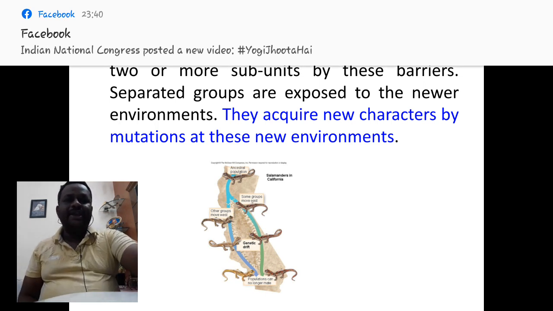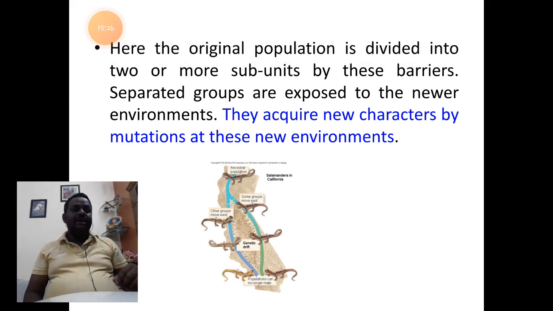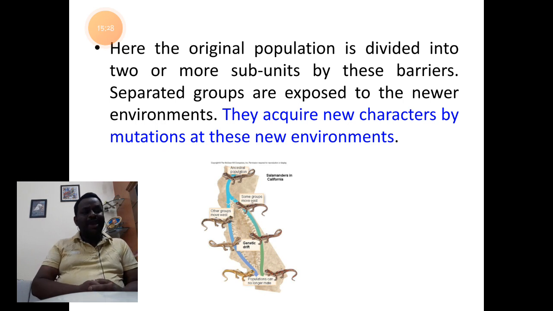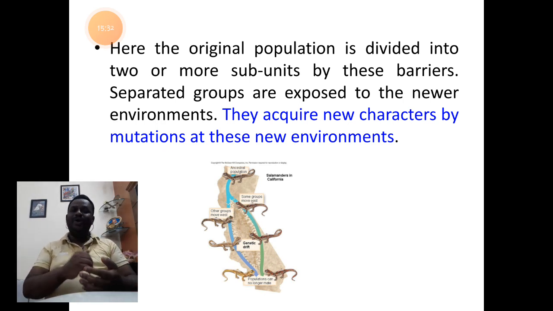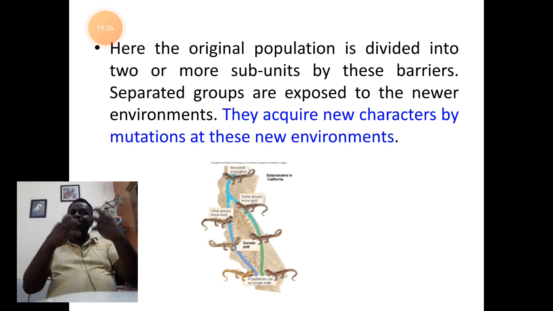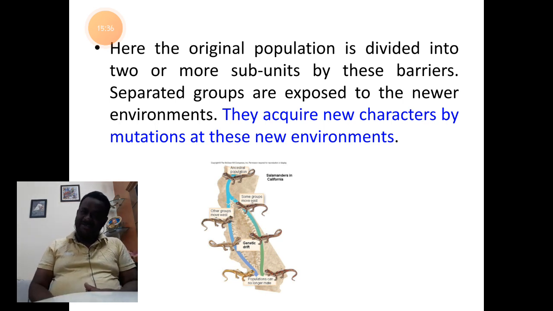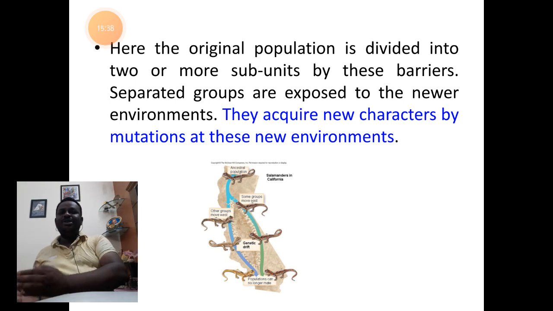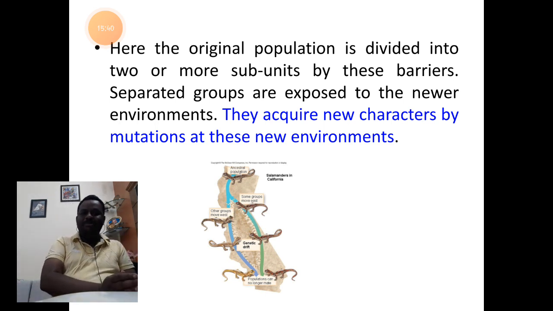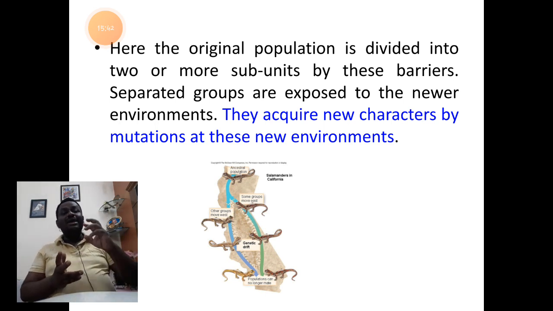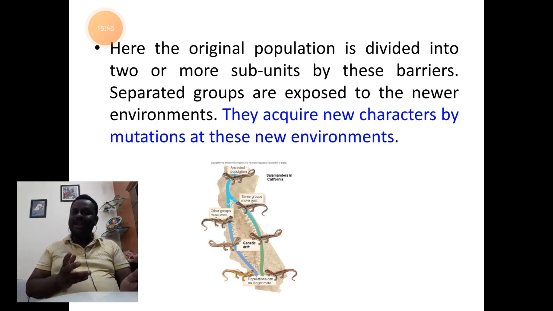And they acquire new characters by mutations to adjust to the newer environment. So they tend to have certain genetic variations in them. Original population is divided into small groups by barriers. Number two, each of these groups will be exposed to a newer environment.